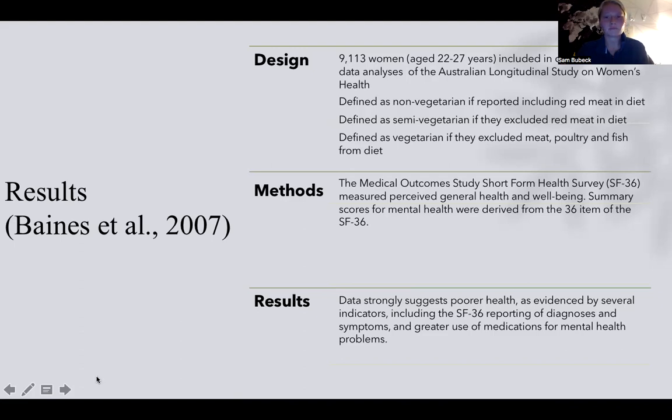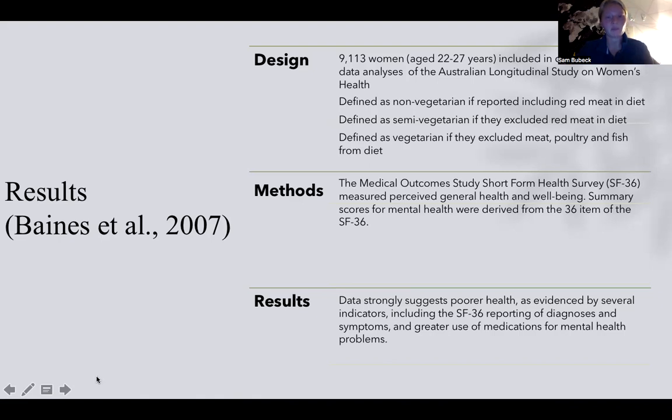Within the study design, participants were defined as non-vegetarian if they reported including red meat in their diet, semi-vegetarian if they excluded red meat, and vegetarian if they excluded meat, poultry, and fish from their diet.